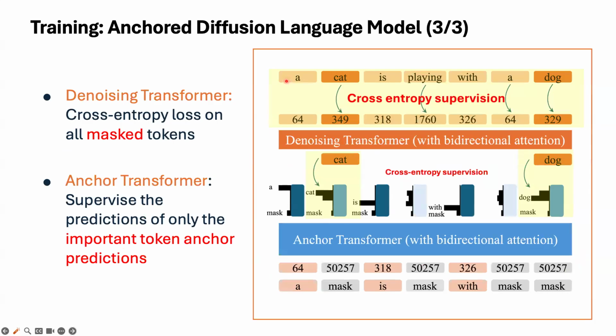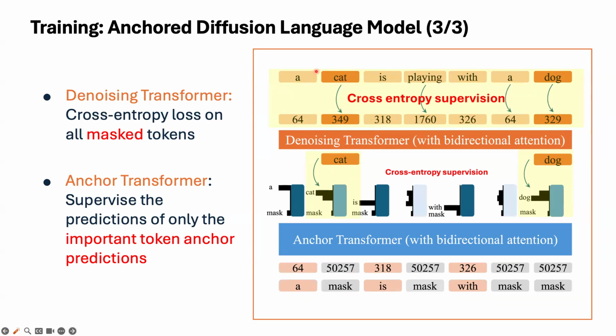And this is the training pattern. On what you know are the anchors, you put cross entropy loss here. There is no loss on these ones. On this side, for those that are decoded, it's fine. For anything that is masked, you put a cross entropy.